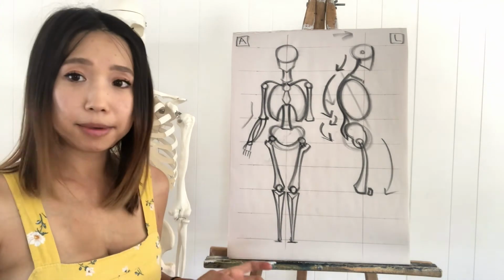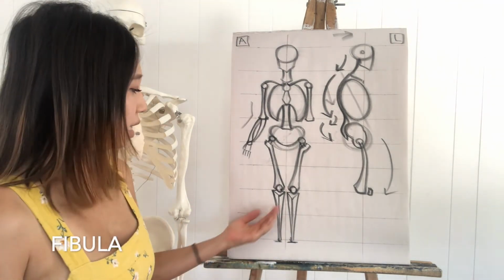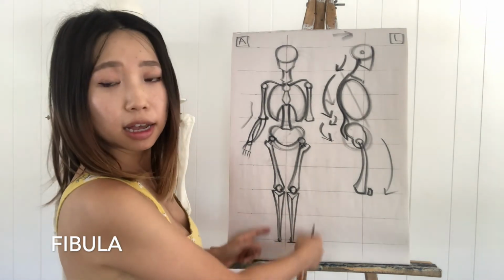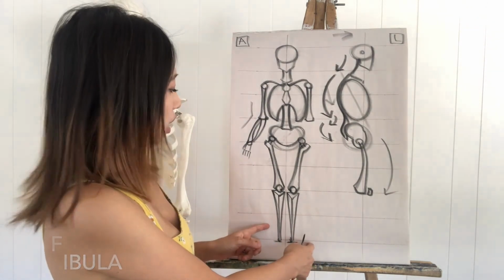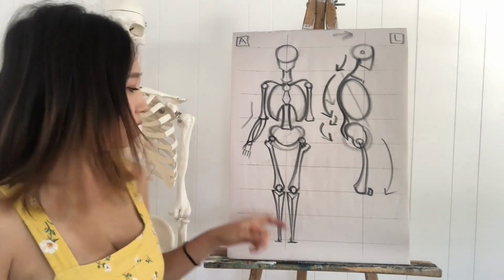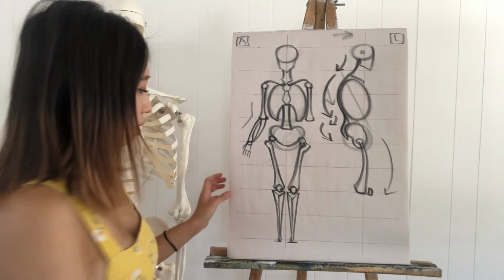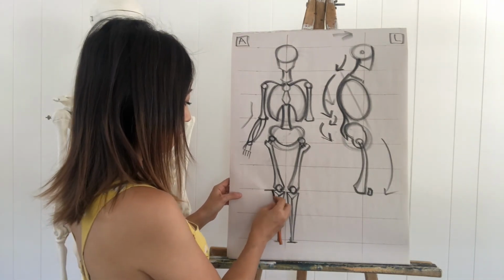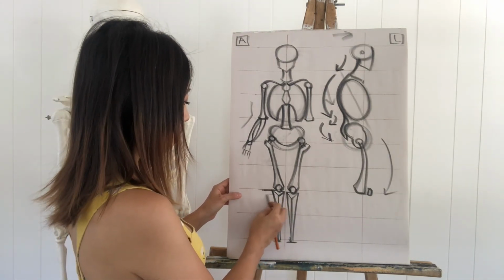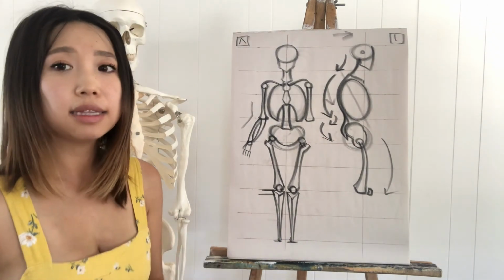Alright, so that's the tibia. And another one is called the fibula. The fibula is happening on the lateral side of the lower leg, and it starts slightly lower than the tibia. So the tibia starts right underneath the patella bone, but the fibula, so this is the tibia starting point, and the fibula is going to start a little bit lower, and it ends lower too.